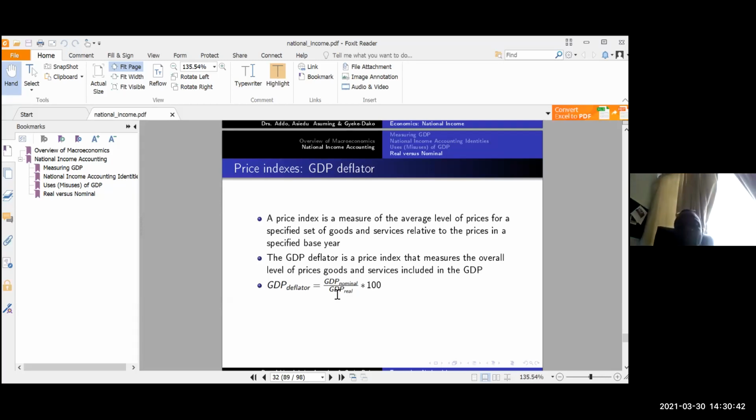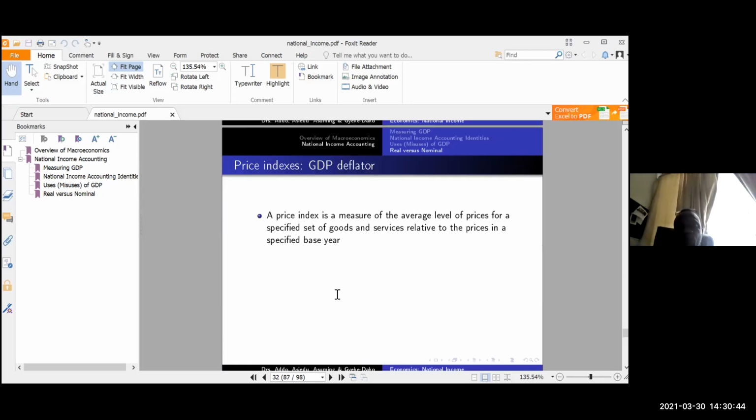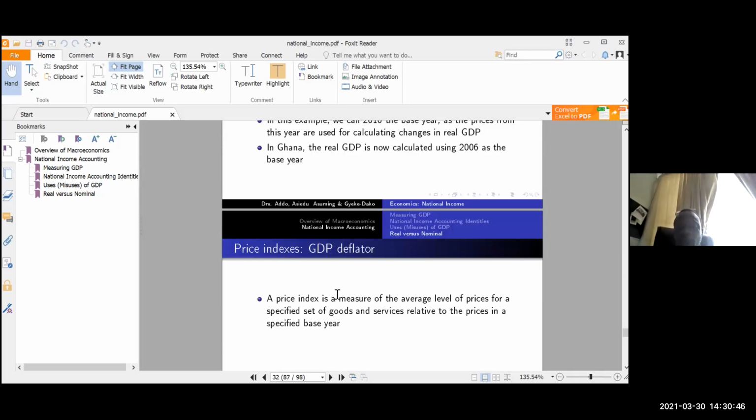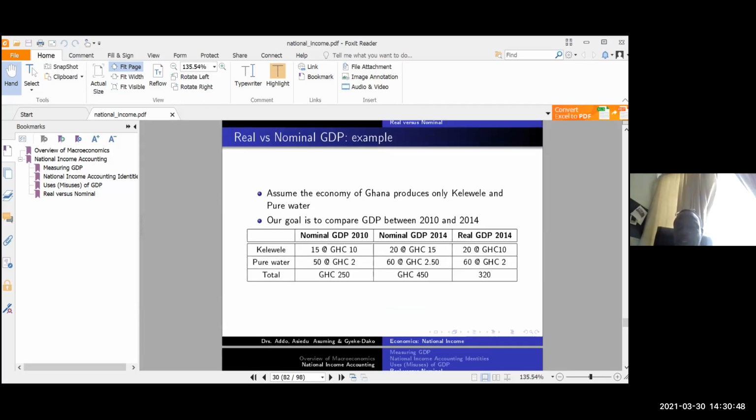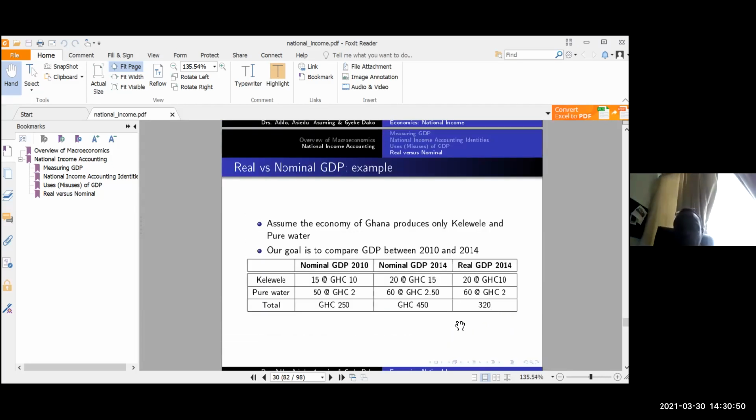So in our example before, where we have the real GDP and nominal GDP for 2014, we can calculate the GDP deflator for 2014, which will be the nominal GDP divided by the real GDP. This helps us capture the extent to which the prices of the products that we produce have changed over time.